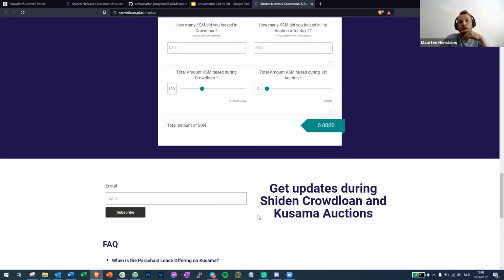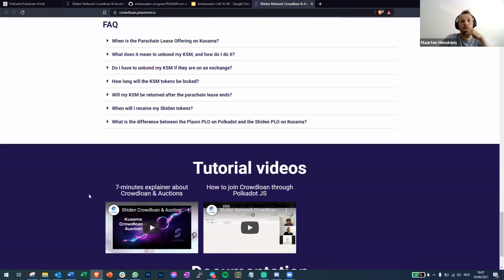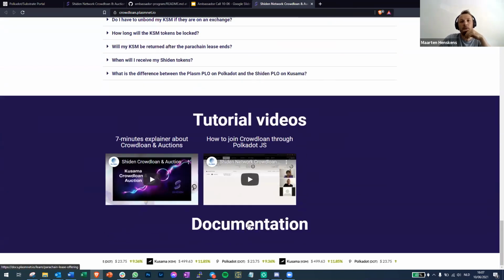We already have around 70 to almost 100 new people in our newsletter who joined through this page. We also have around 2,000 users on our waitlist, and we are also sending them emails and updates about the crowd loan: a small frequently asked questions section, some tutorial videos, and a link to the documentation.